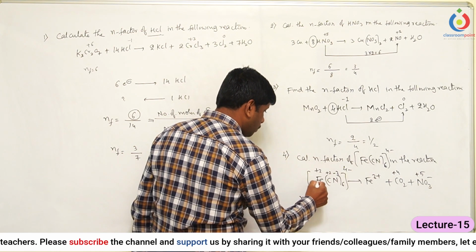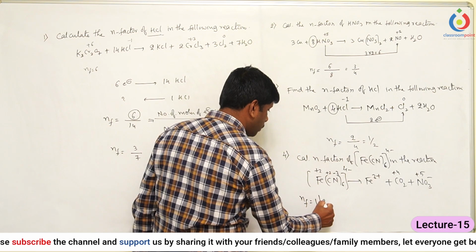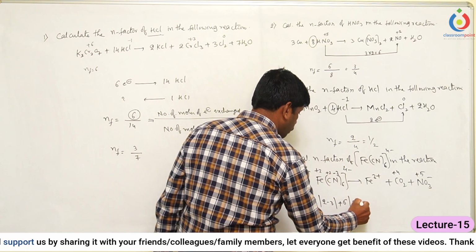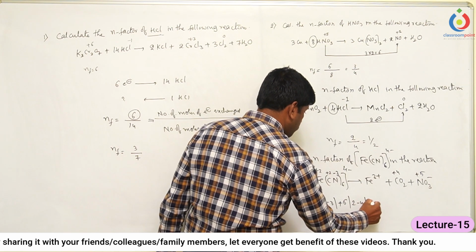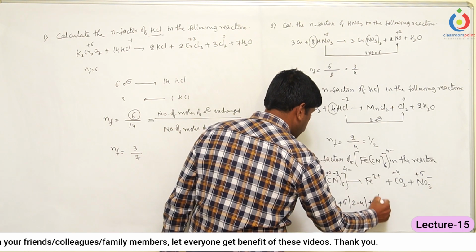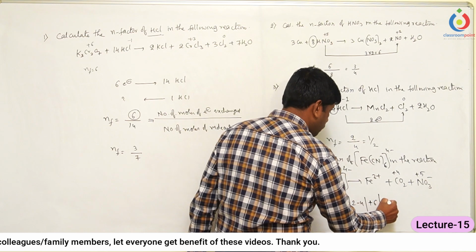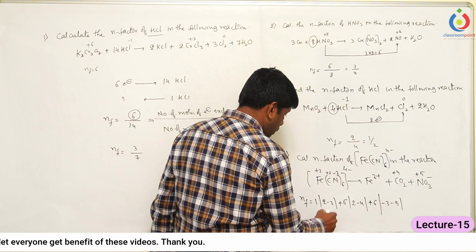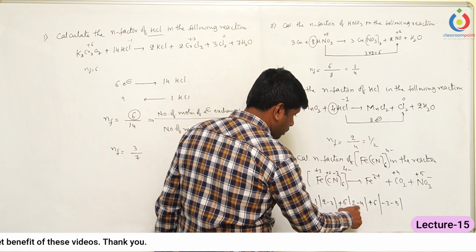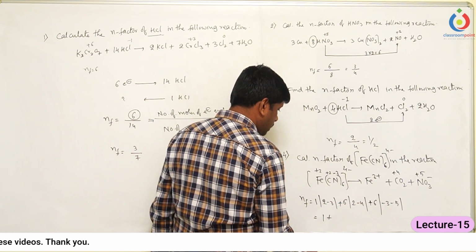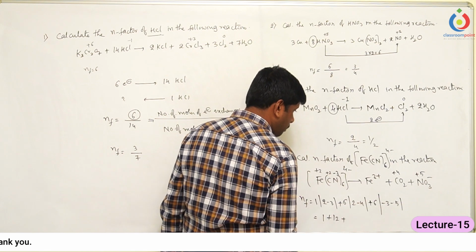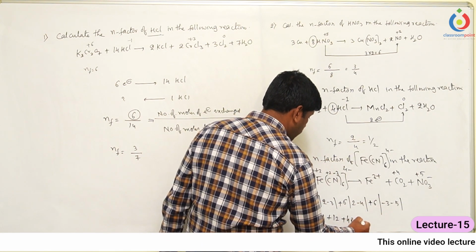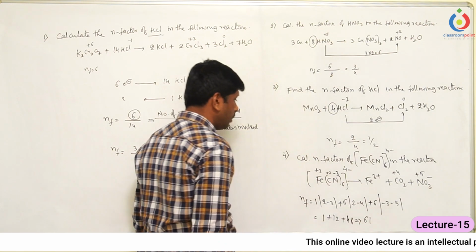N factor equals 1 iron times 1, plus 6 carbons times 2, plus 6 nitrogens times 8. So this is 1, this is 2 into 6 equals 12, plus 8 into 6 equals 48, that value equals 61 is the N factor.